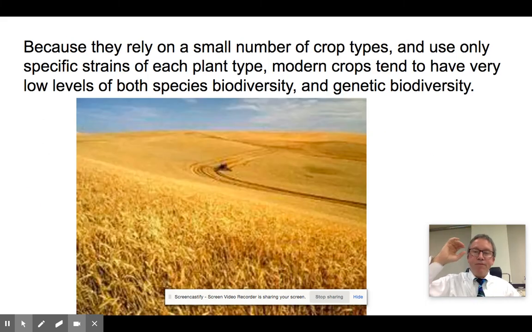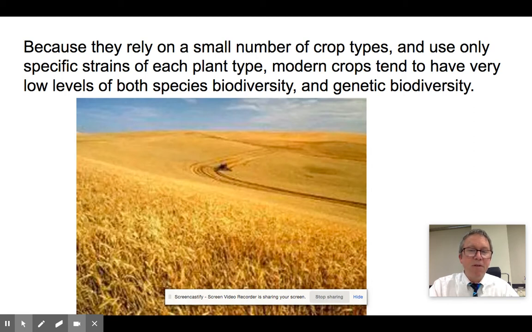All right. So one thing is, it was based on using a very small number of crops. And so that's what we call a monoculture. So people plant large areas of one thing. And so basically, when you do that, you tend to have very low biodiversity in terms of the number of species. In this picture here, there's just wheat, there's one species. And there's low genetic biodiversity because we tend to use just a few strains that are purchased from a particular supplier.